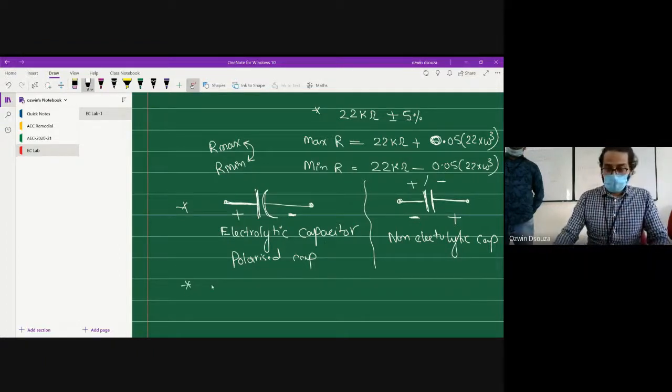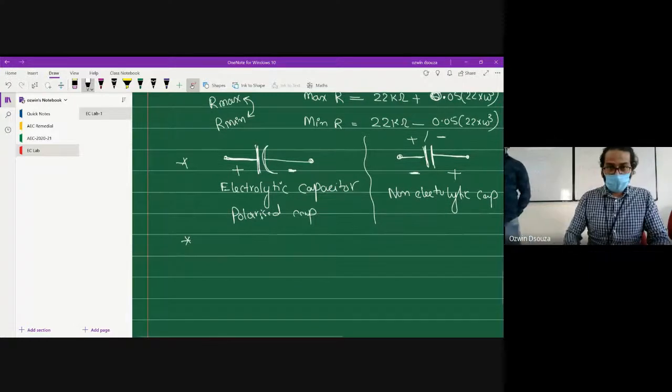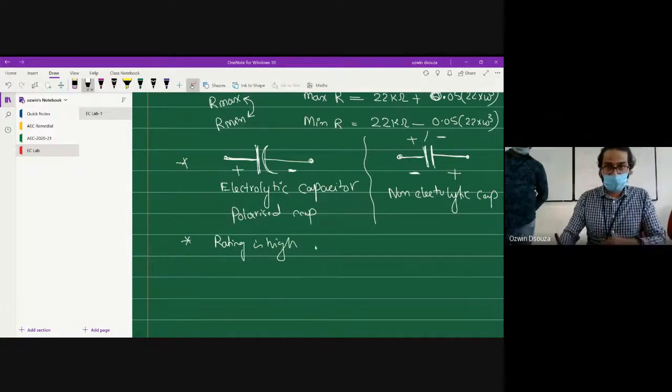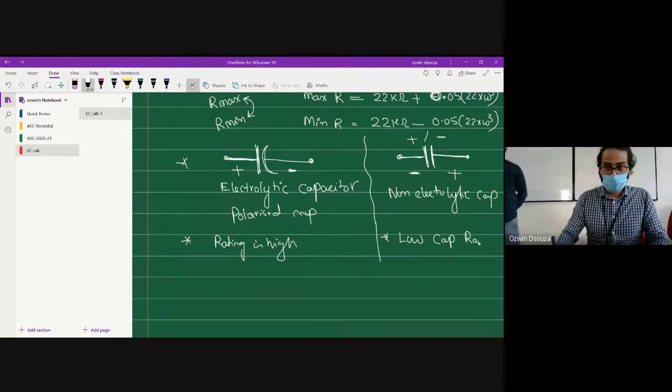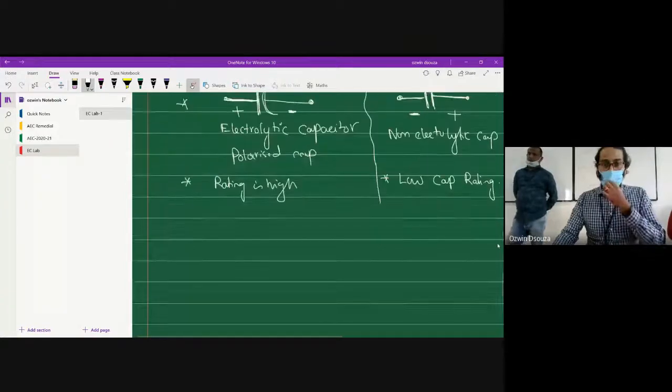One important aspect of an electrolytic capacitor is that the capacitor rating is high. That's how you classify electrolytic and non-electrolytic. On the other hand, non-electrolytic capacitors have a low capacitor rating. So this is how you distinguish capacitors.